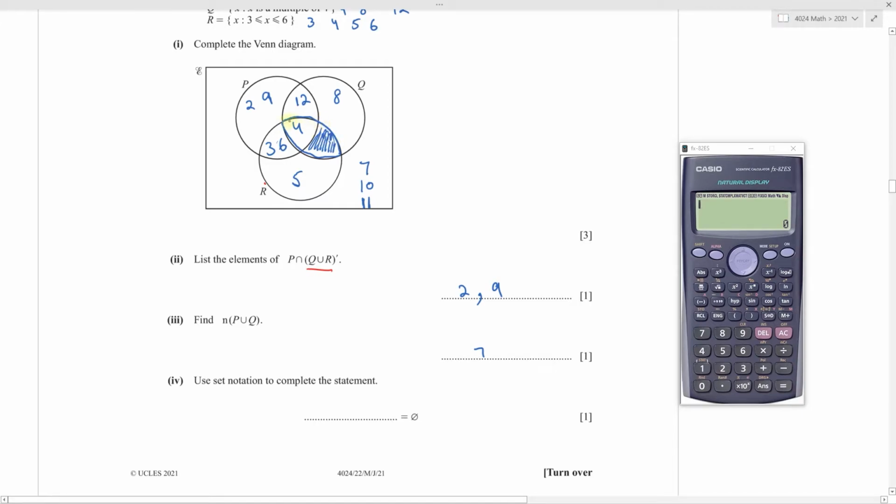So to exclude this, which is P, I will add intersection P complement. So everything outside of P but inside of R intersection Q. So R intersection Q will give you this region and then intersection P complement. So outside P will leave you with this shaded region here, which is an empty set. So that's how you will solve this.